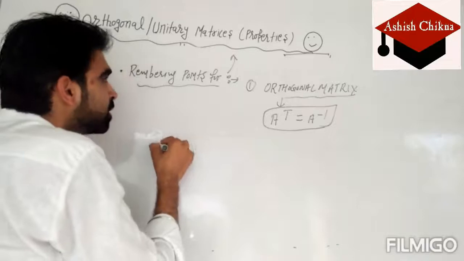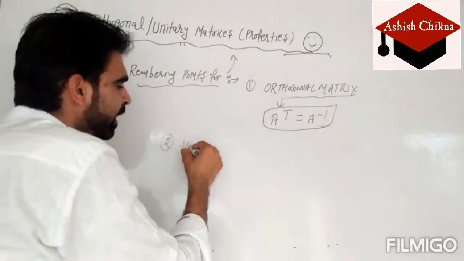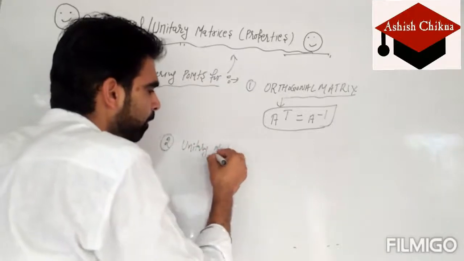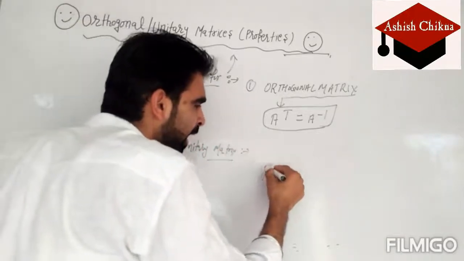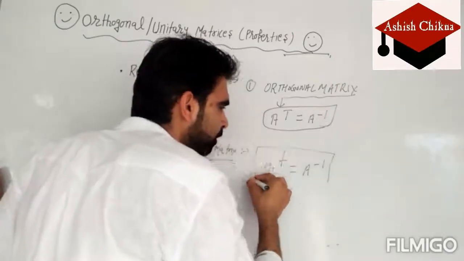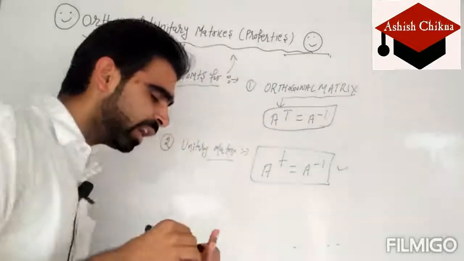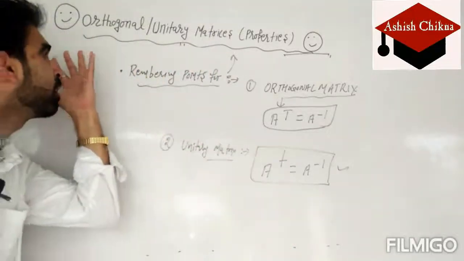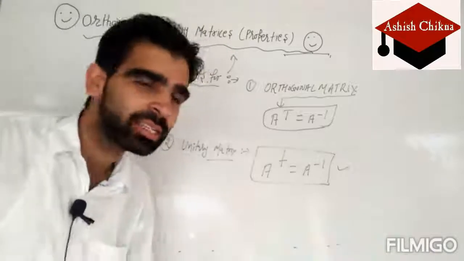Second, for a unitary matrix, A dagger is equal to A inverse. Today we have completed the topic of orthogonal and unitary matrix.